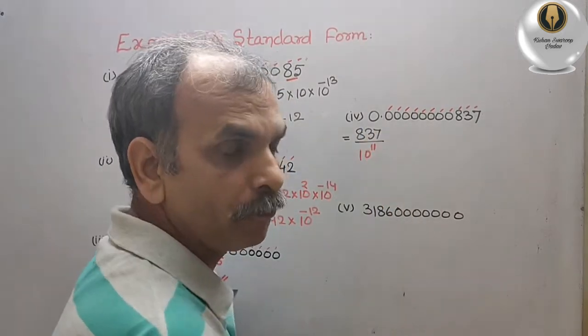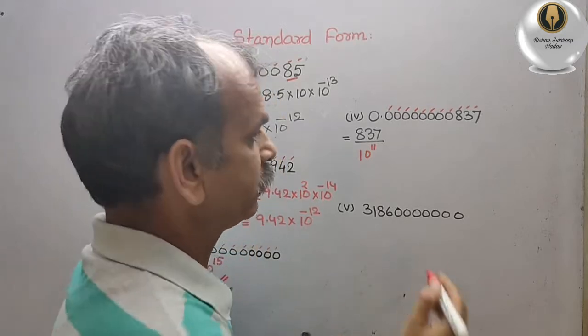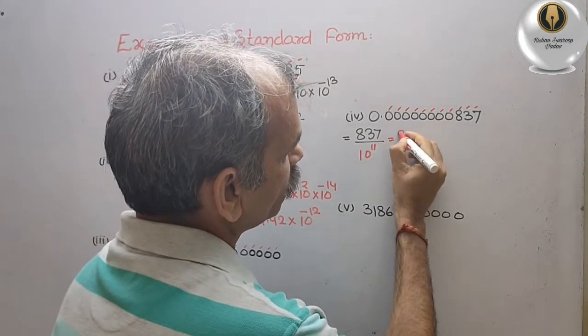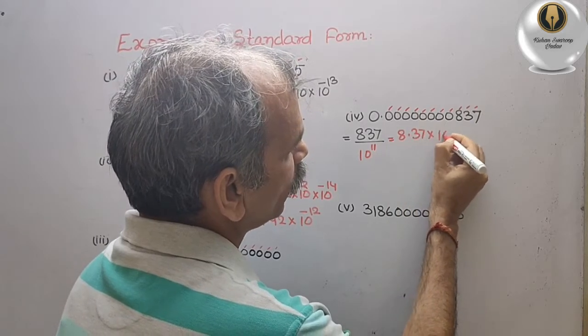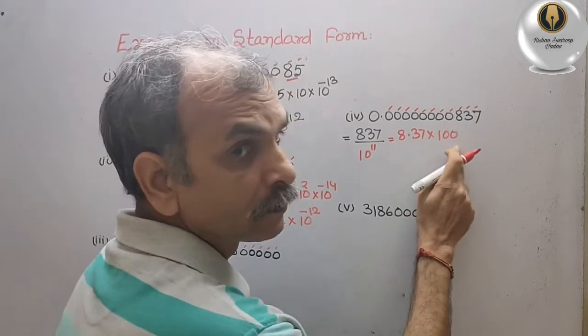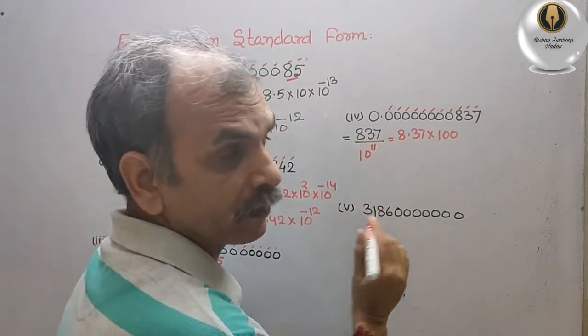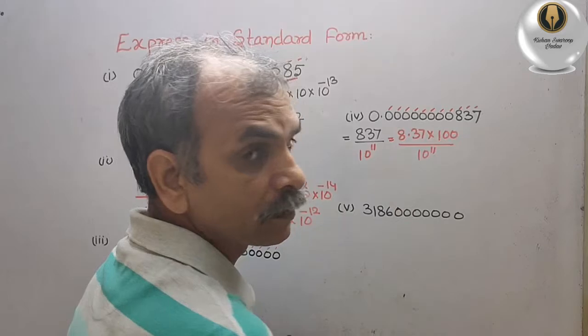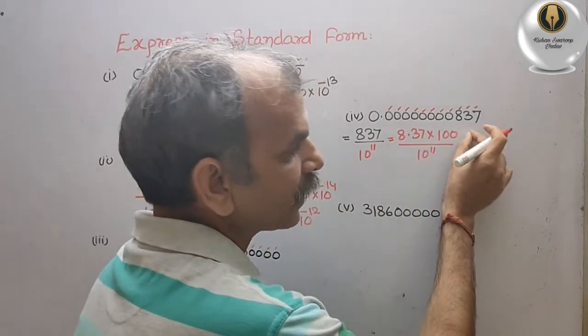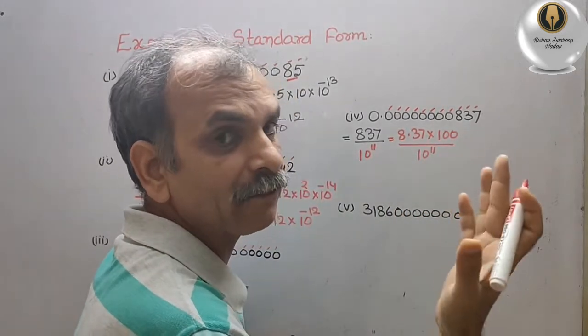Now at top we have to write 8.37. So this is your 8.37 into 100. That is 837 by 10 to the power of 11. Now bring this 11 at the top. It will become minus 11.